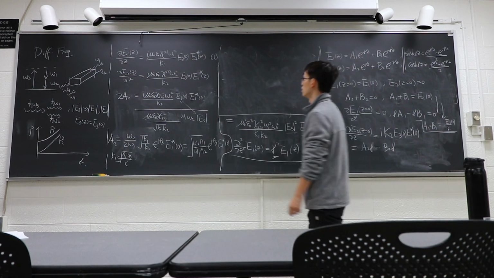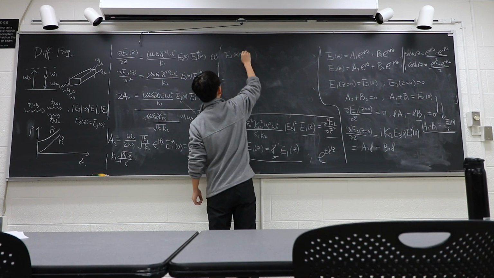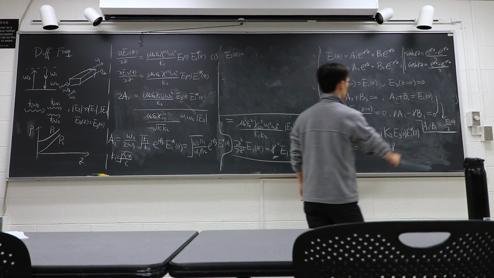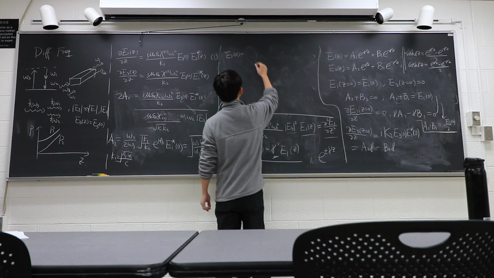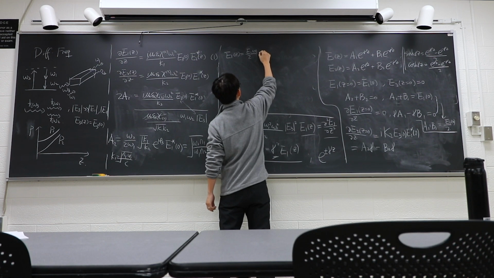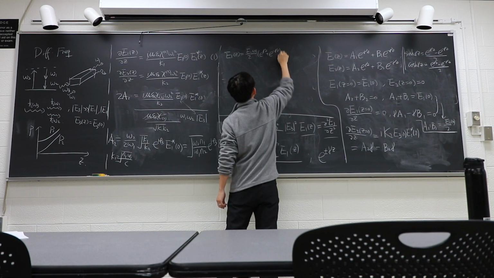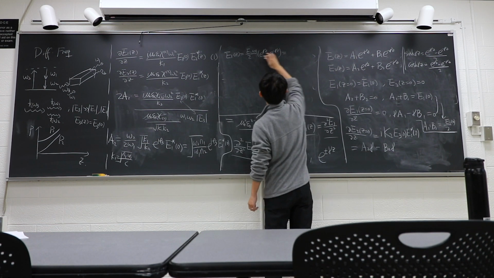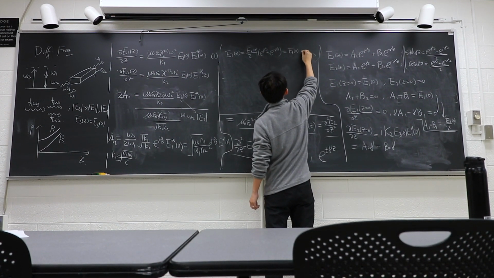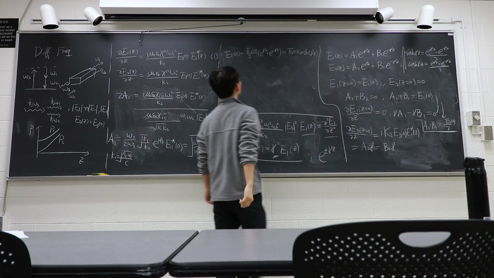Okay, so now we have E1 at z equals, A1 equals B1, so it's okay.